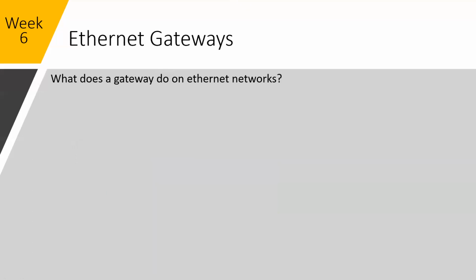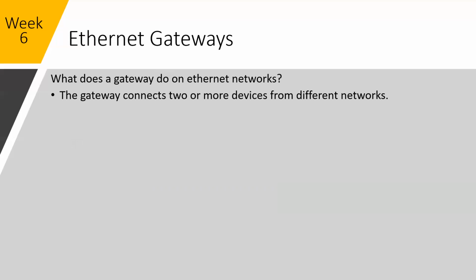Gateways. So this is that last piece that you've probably seen in your computer or set up when you configure your router, your gateway. The gateway is used to connect two or more devices from different networks. So this is getting into routing.